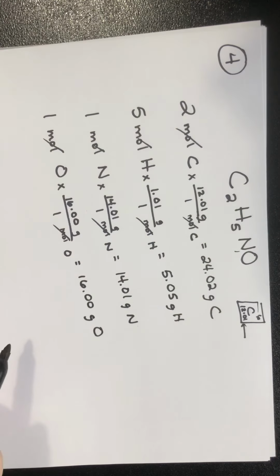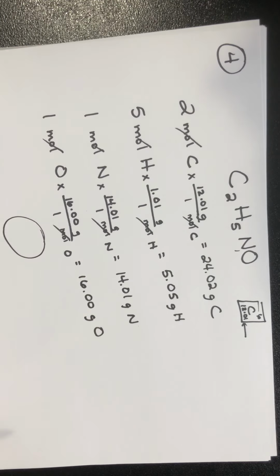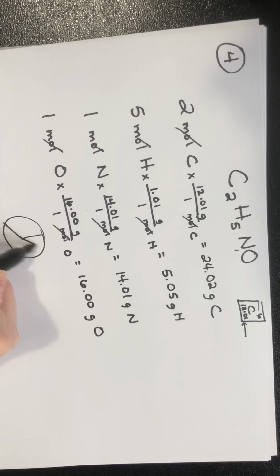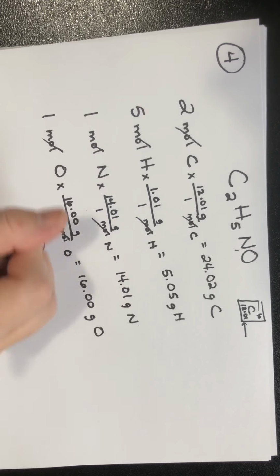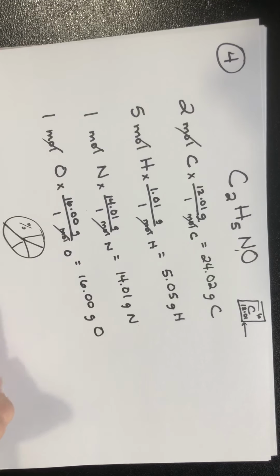So now that we have all of this, we have to think about what percentages are. Percentages are shown in pie graphs. So you have something kind of like that. So this is a whole. We have a whole pizza pie, and then each one of these are chunks, and you're going to get the percentage of each chunk that is in this whole.